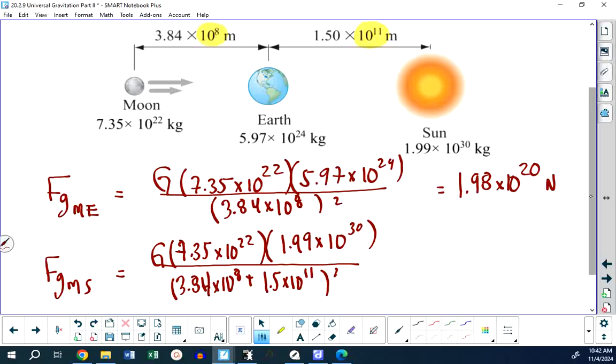Right? I mean, look at the diagram. The distance between them is not given to you as a direct number. The distance between the moon and the sun needs to be determined by adding those two numbers together.